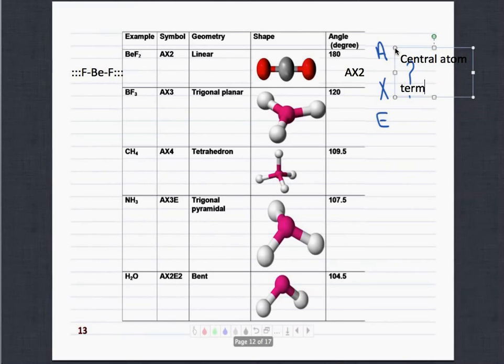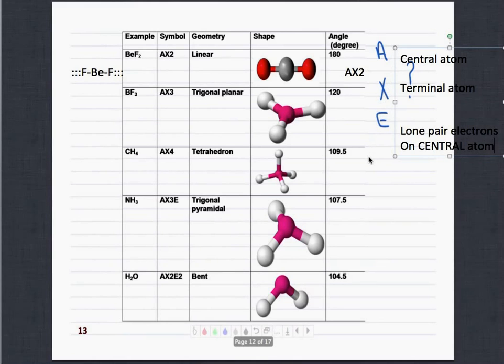E, the lone pair electrons on the central atom, and that's very important, not on the terminal atom, on the central atom. Let me just highlight central atom. Okay? So now from that, I know that the VSEPR model for BeF2 is AX2.